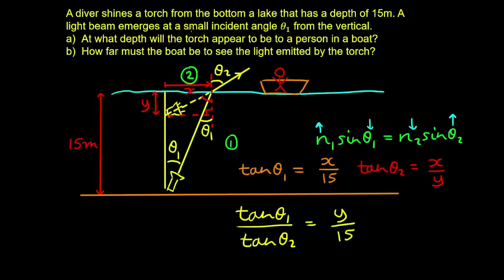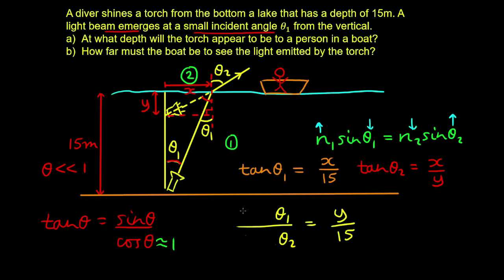And note that we're told that the light beam from the torch emerges at a small incident angle. So given tan of an angle theta is sine theta on cosine theta, for small angles much less than 1, cosine of theta is approximately 1, and therefore tan theta is approximately equal to sine theta. So we can replace these two expressions as sine theta 1 on sine theta 2.